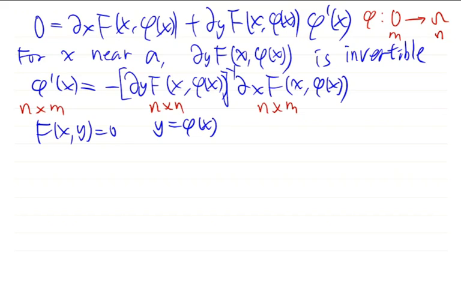In components, we have the component form F_i(x1, ..., xm, y1, ..., yn) is 0. Here y1, ..., yn are functions of x1, ..., xm.